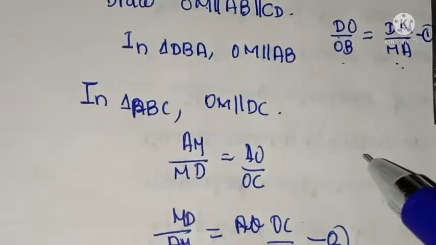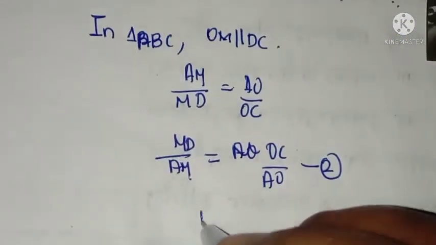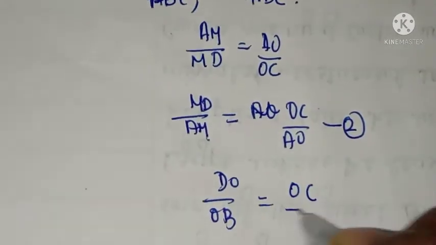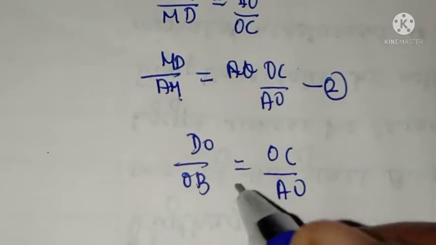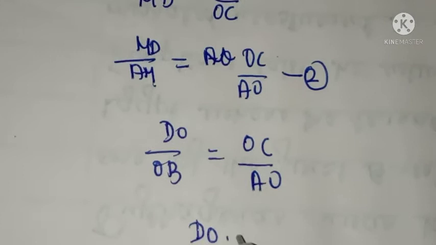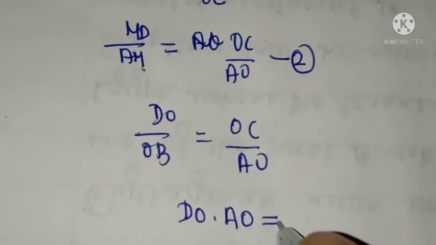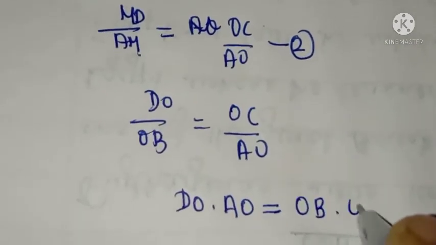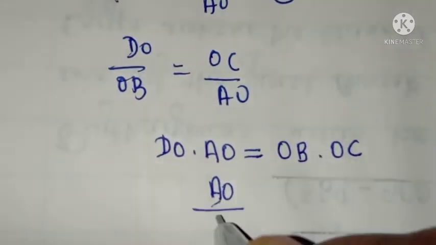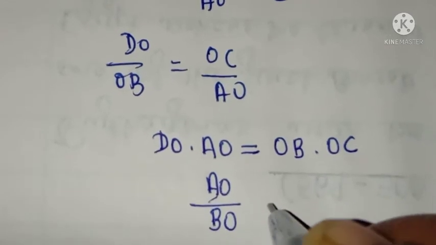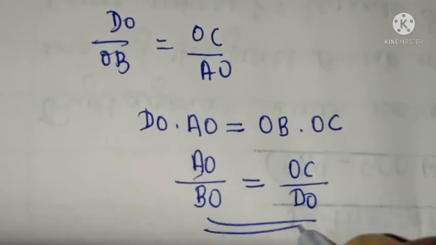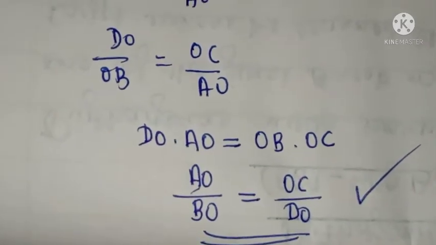So from these two equations we can write DO by OB is equal to OC by AO, or taking cross multiplication we can see DO into AO equal to OB into OC, or listen, AO, take this BO to left side, AO by BO equal to OC by DO. So this is our required answer.